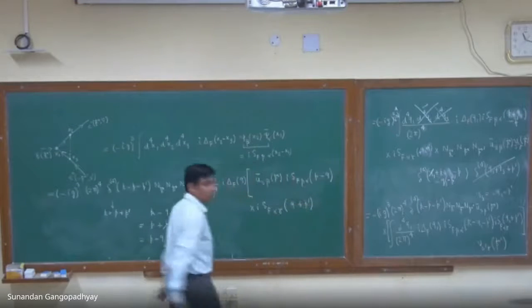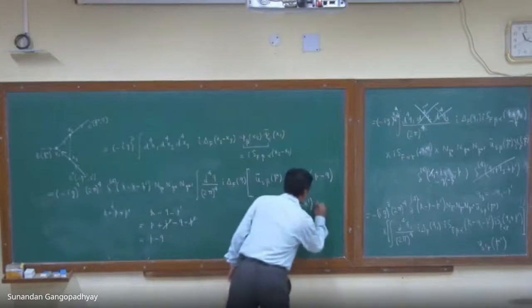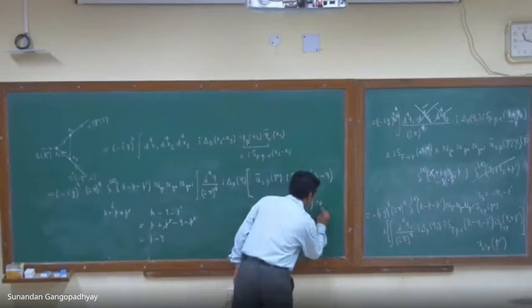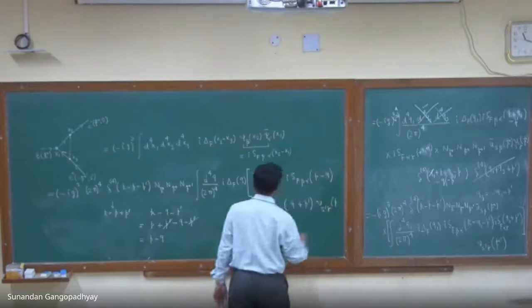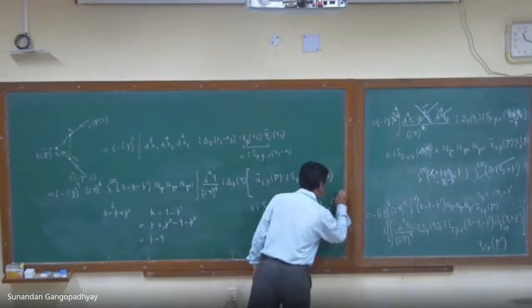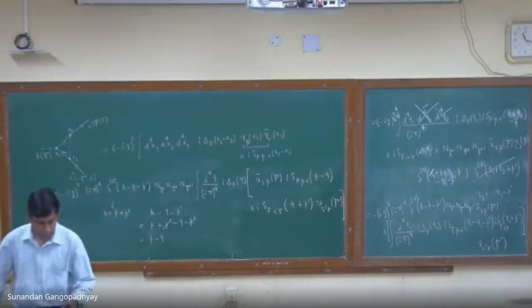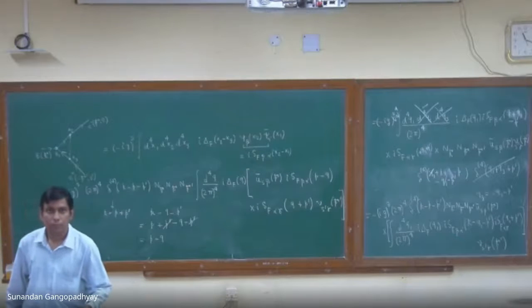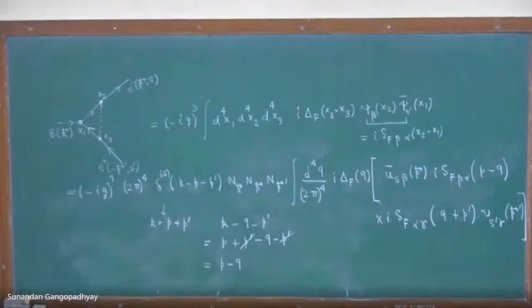I think it is better to keep it in this way: Q plus P prime. Then we have u P prime gamma. So this is the final result.